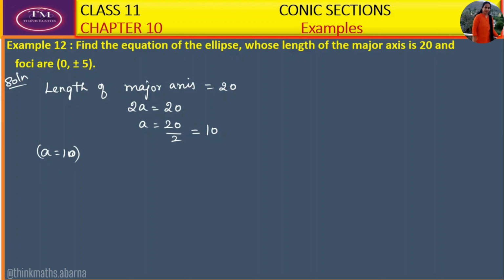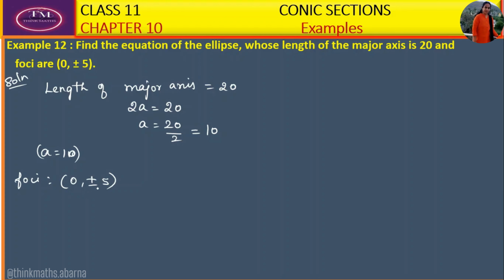Next, what is given? Foci. Foci is 0, comma plus or minus 5. Here if you see this coordinate, you have the foci in the y coordinate.